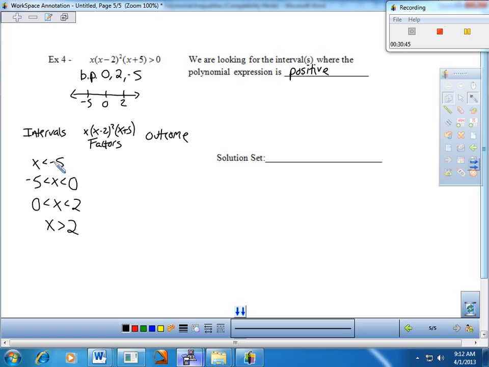Less than -5. And I'll pick -6. If I just put -6 in there, obviously that's just negative, right? Now here's the good one. What happens when I do -6 minus 2, but then square it? What happens at this stage right here? Well, in this case, -6 minus 2 is negative, but squaring it makes that part of this positive.